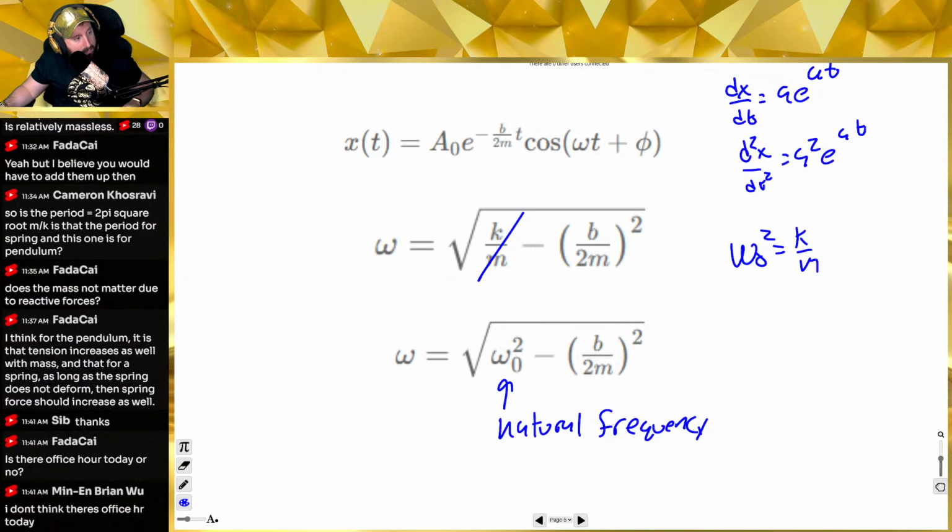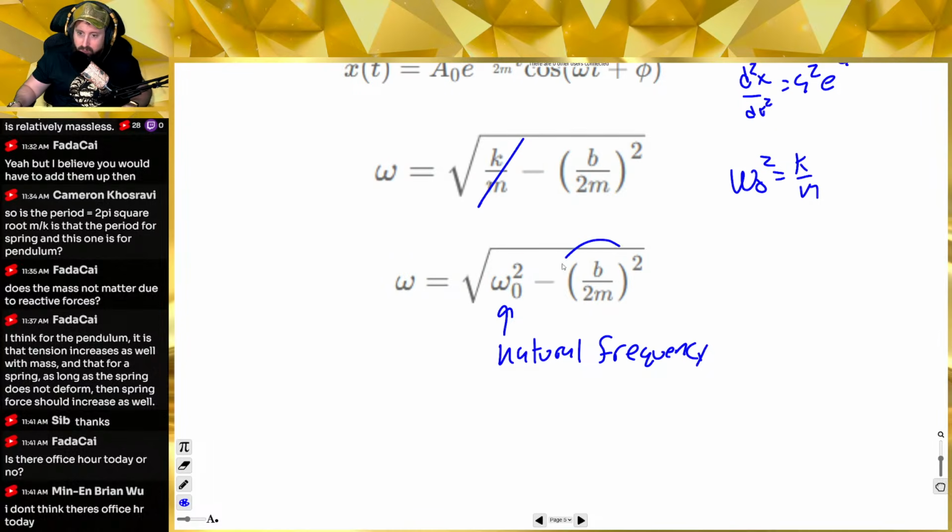And so then there's a couple cases here, because we notice that depending on what b is, this omega will do some weird stuff. So for instance, if this term ends up canceling out this term, you get omega is equal to 0.